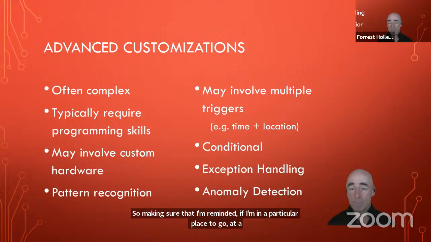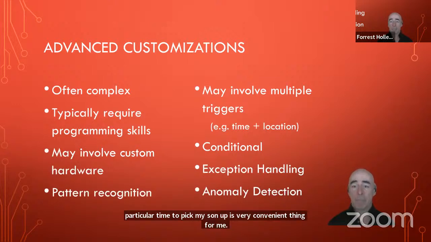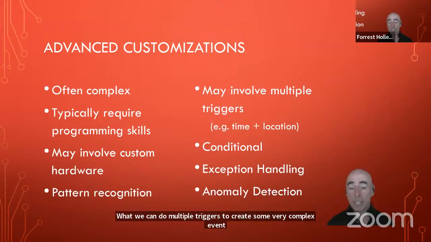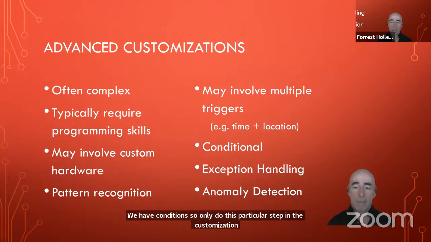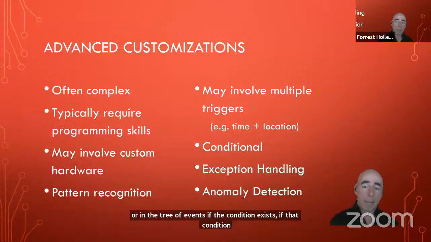Well, we can do multiple triggers to create some very complex event handling environments. We can have conditions. So only do this particular step in the customization or in the tree of events if a condition exists. If that condition doesn't exist, do something else or do a number of other things.